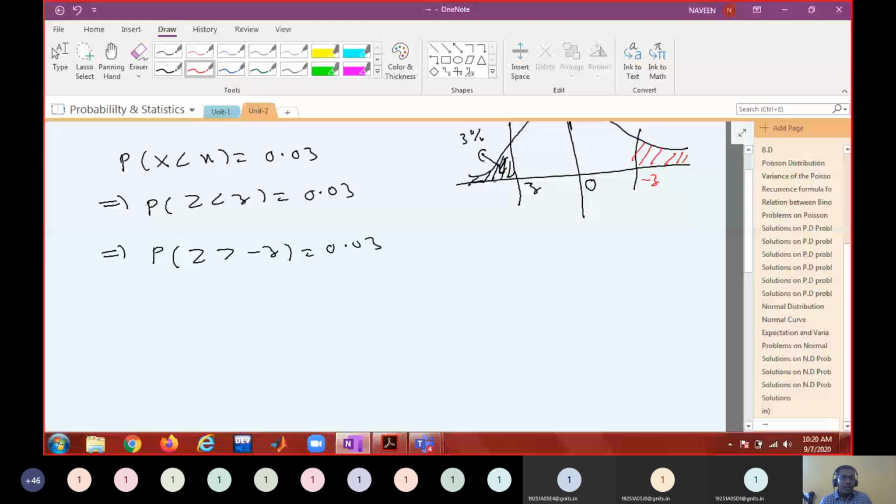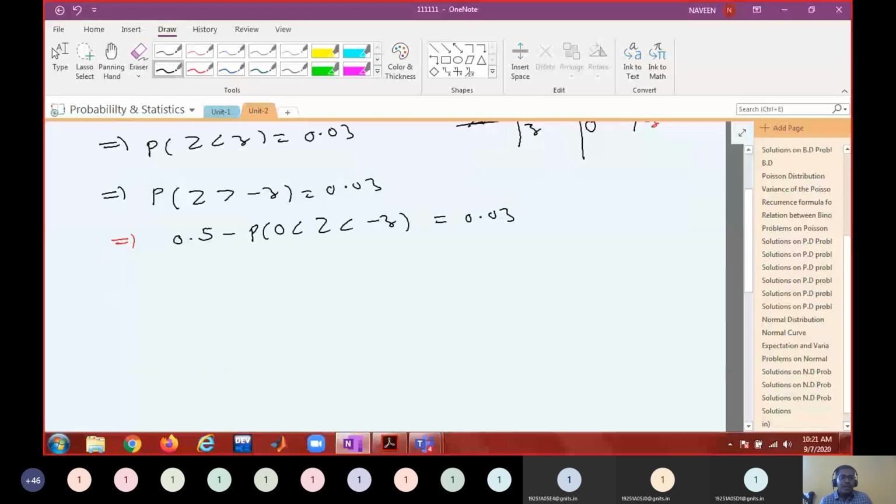Okay. So how do you find out this right tail area? What is the right half area? 0.5 minus the probability that 0 less than Z less than minus z, which equals 0.03.